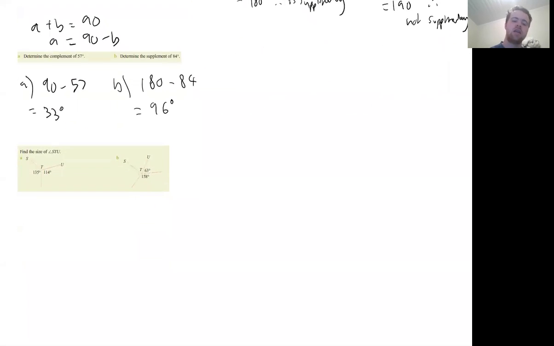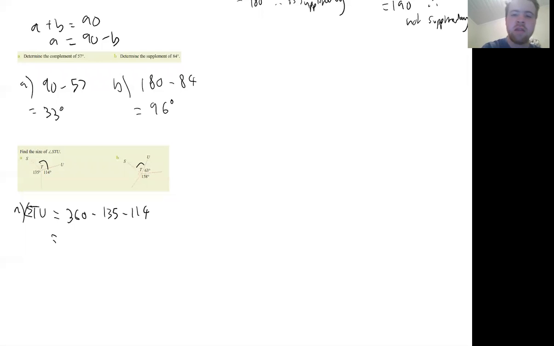All right, last thing, we've got some angles at a point. We've got to find the size of STU, so we're finding this angle here. For part A, we know it's at a point, so all of those angles are going to add up to 360. Angle STU is going to equal 360 minus those other two angles, because they all add up to 360.